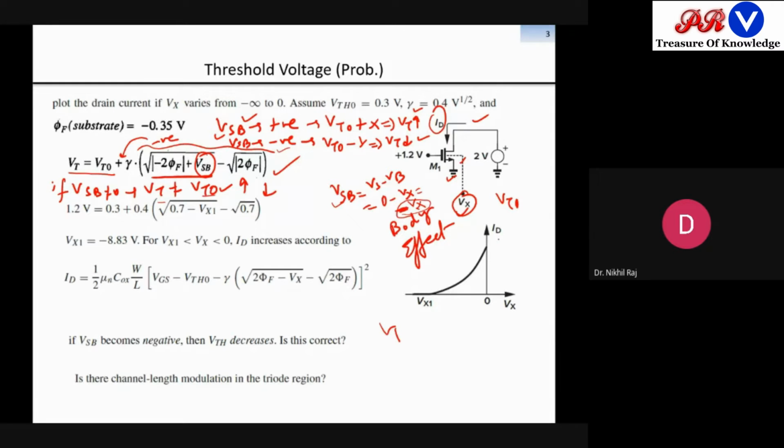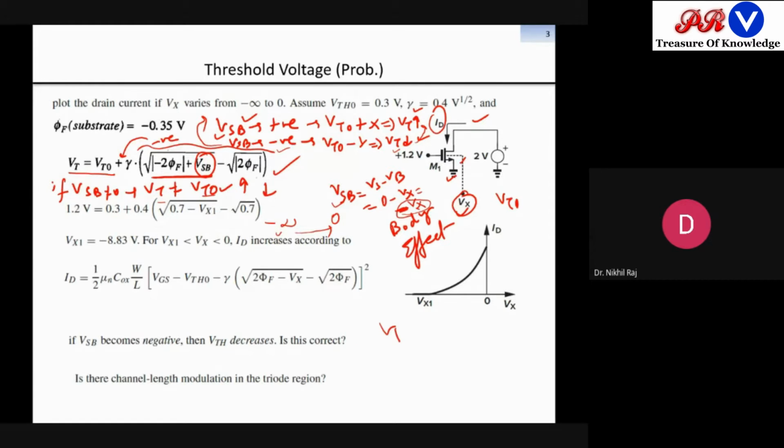So the question is saying what will happen to the drain current magnitude when Vx is changed from minus infinity to 0. This means from the most negative part we are moving to the positive part. Initially there will be low Vt, but as we move further, the Vt will increase.